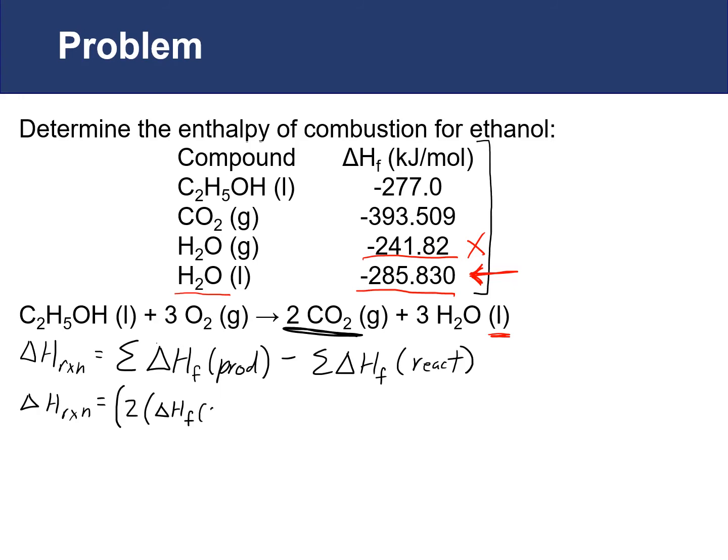So this is 4CO2 as a gas plus 3 times the change in enthalpy of formation for water as a liquid. Okay, that is all of our products minus the sum of our enthalpy of formations for our reactants.